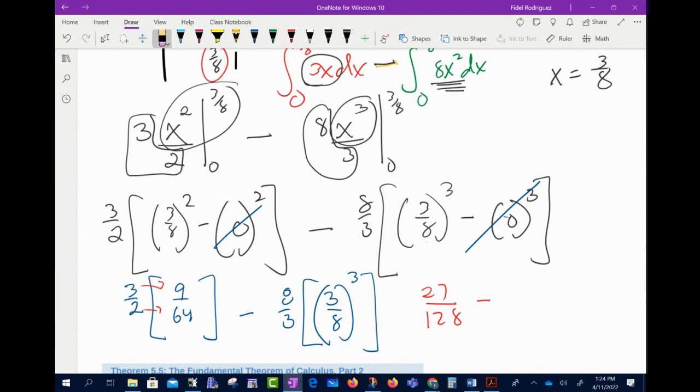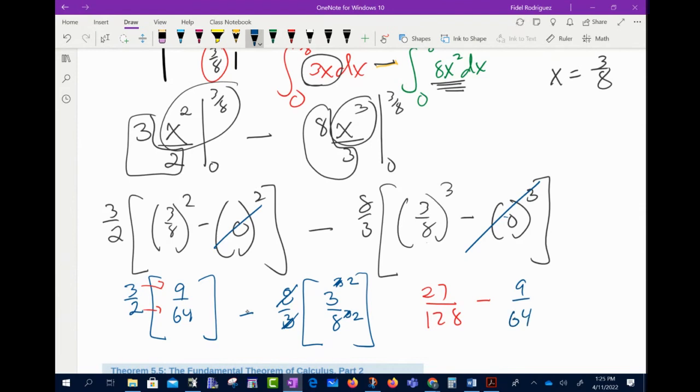Now, y'all, I want to mention something here. Let me come back and do it like this. Since we were raising that part to the third, y'all agree that's a 3 to the third and an 8 to the third? And won't this 8 here cancel with one of those there? Now there's only 2 of them. And won't this 3 here cancel with one of those? And now there's only 2 of those. So what's 3 squared over 8 squared? 9 over 64.